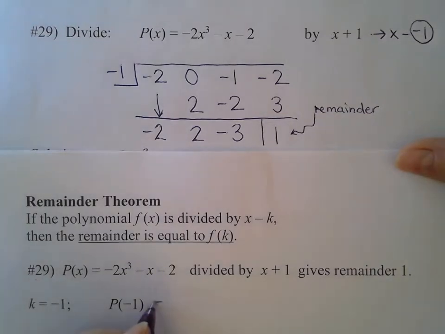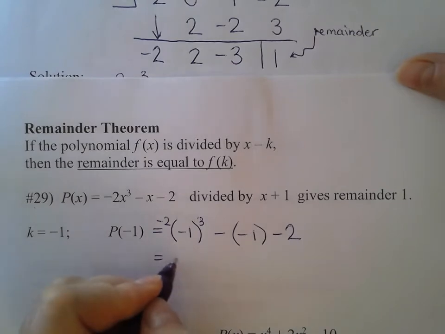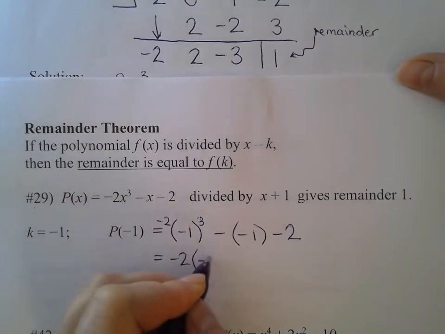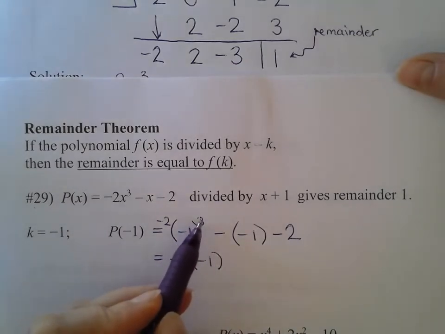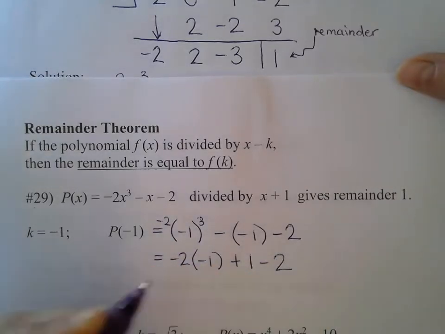Okay, so if I plug in -1, I have -2 times -1 cubed minus -1 minus 2. So that's going to give me -2 times -1, because if I cube -1, I'm still going to get -1, plus 1 minus 2.